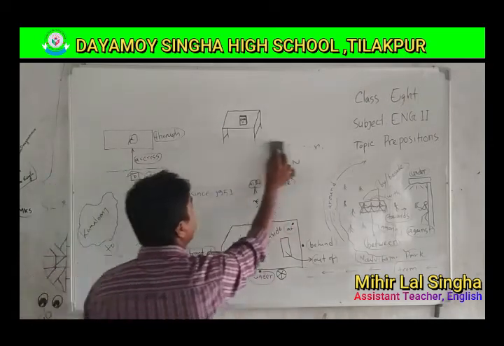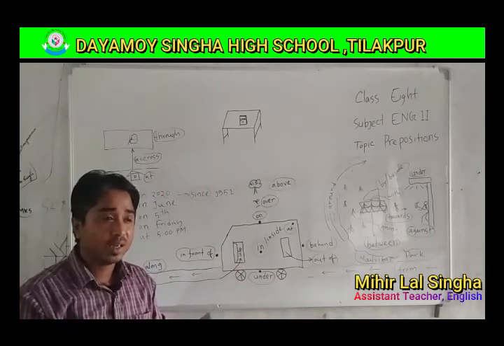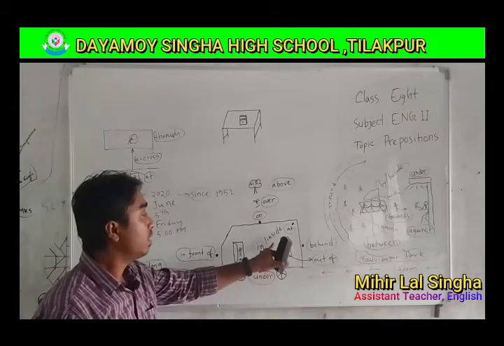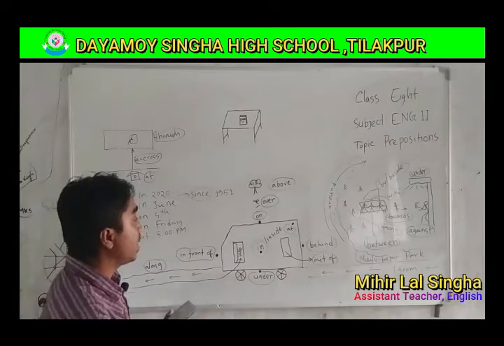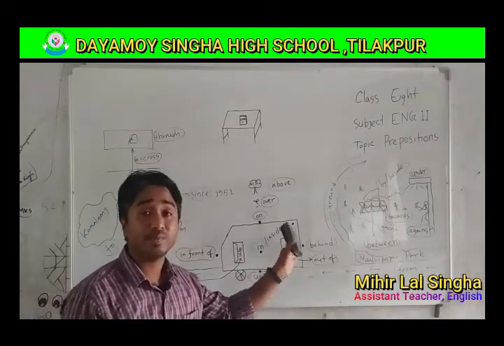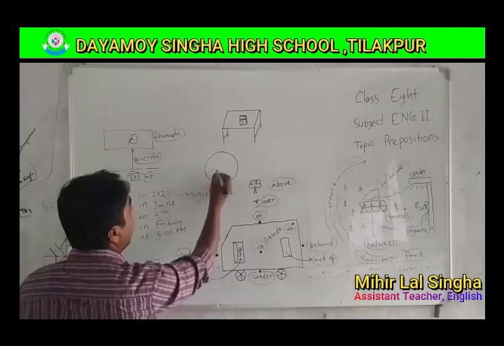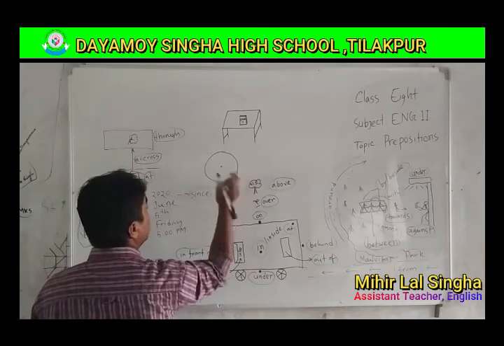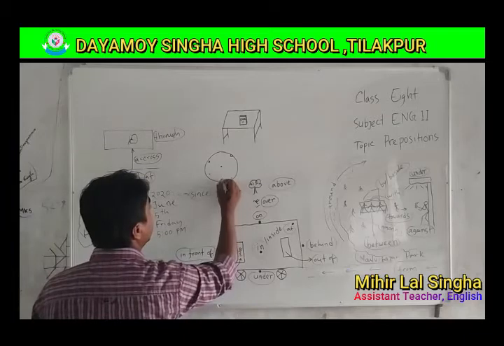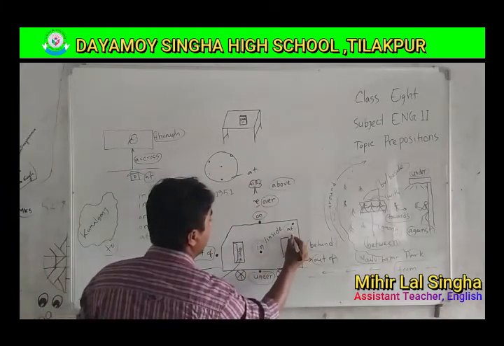So if something is inside a certain area, then we can use 'in' or 'inside'. Okay, and if something is at a certain place in an area, so this is a certain area and this is the middle. If something is at the corner or here and there somewhere, then we can write 'at'. So say it's a doll over here.